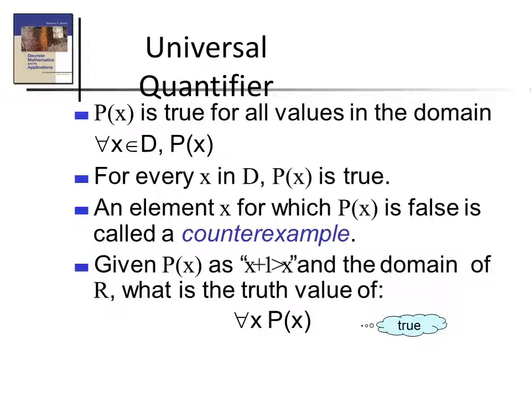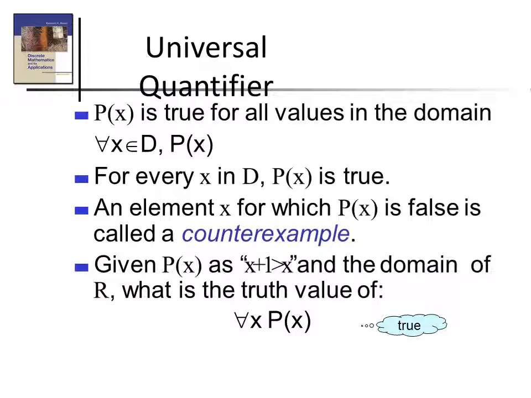First quantifier, the universal quantifier. It denotes that P of x is true for all values in the domain: for all x belonging to D, P of x. Check the example, then we can analyze.